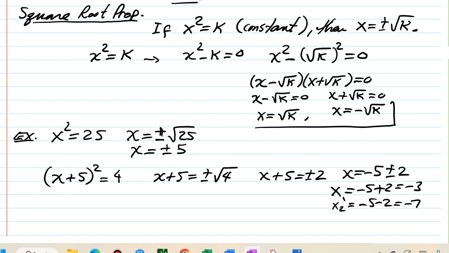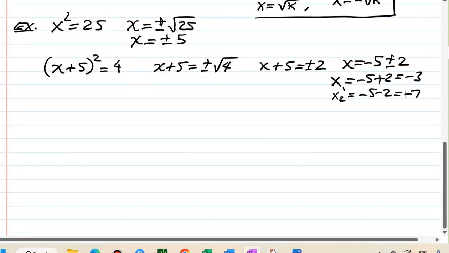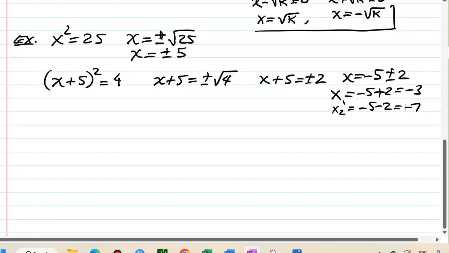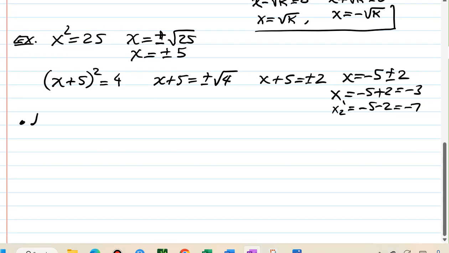So again, the square root property does require that the variable, whether it's a single x or x with another term, be in the squared form. So when we take the square root, we get that expression out of a squared form. Alrighty. Now, let me just put some facts about the role that k plays here.